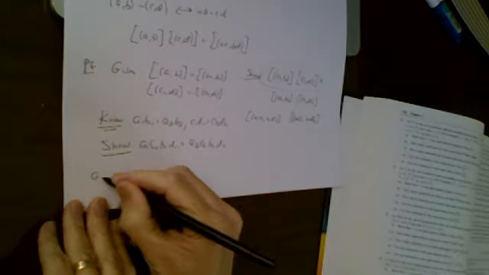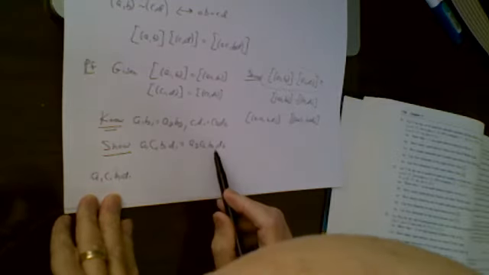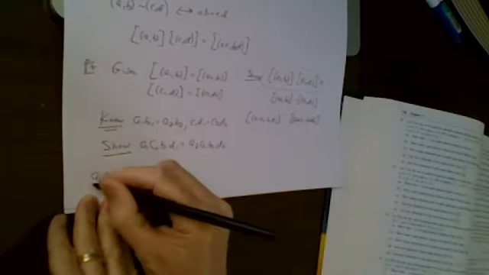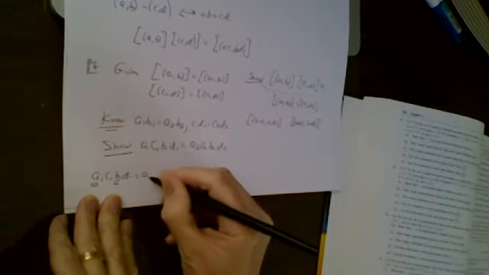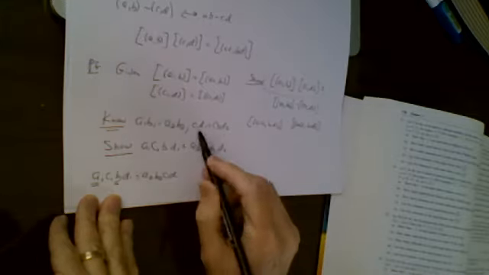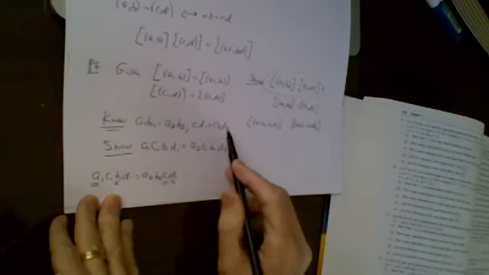Well, let's play. Okay, we'll start with A1C1B1D1, and we want to turn it into this. But from what we know, we can replace the A1B1 by A2B2. So this becomes A2B2C1D1. But this one tells us that we can replace C1D1 by C2D2.